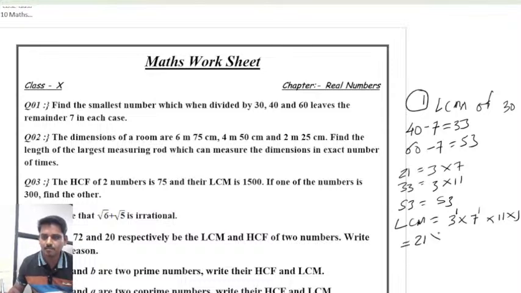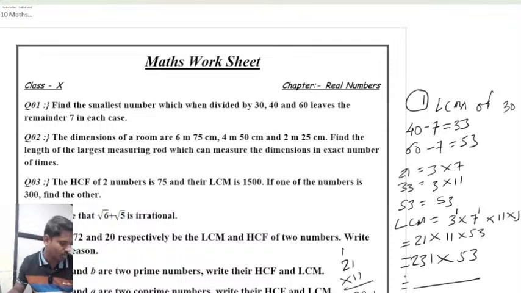So we get 21 into 11 into 53. So after solving, you find 21 into 11, 231 multiplied by 53, and your answer is the product of these numbers. So you can comment the answer by finding the product.